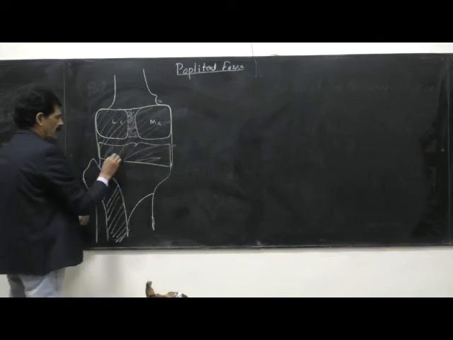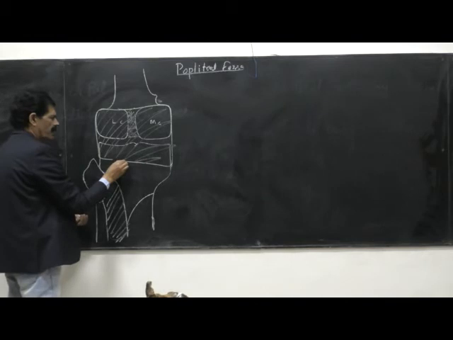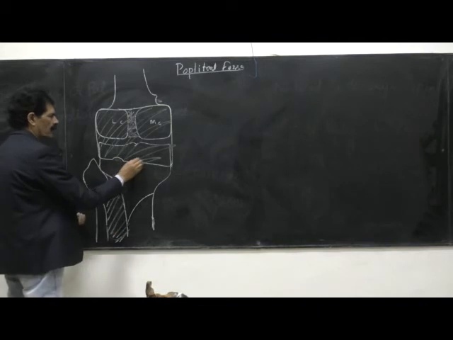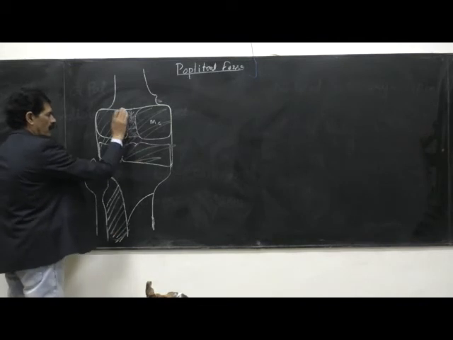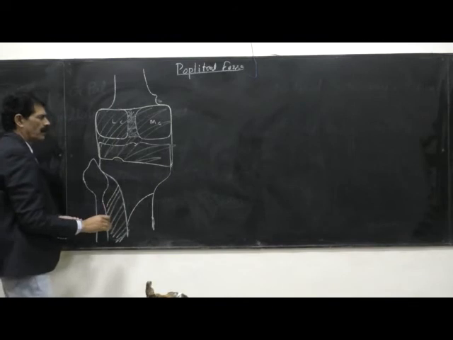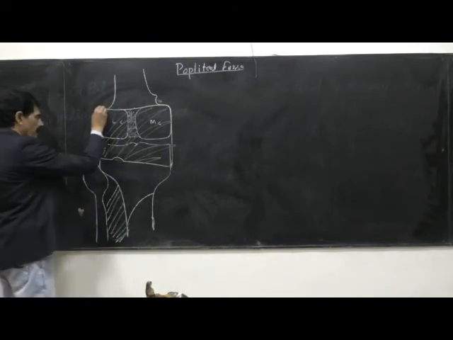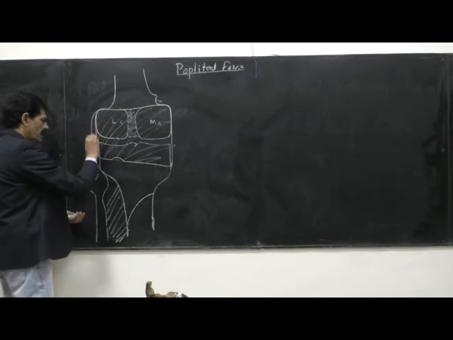And just below and posterior to the lateral condyle of the tibia, the fibrous capsule is interrupted here. Laterally, from the lateral condyle, the fibular collateral ligament is attached to the styloid process.